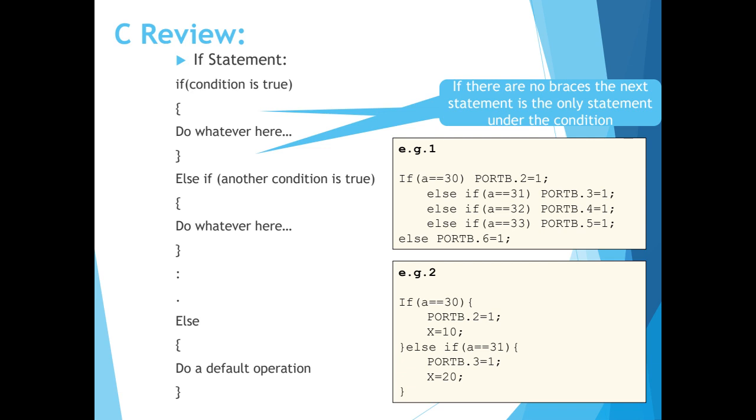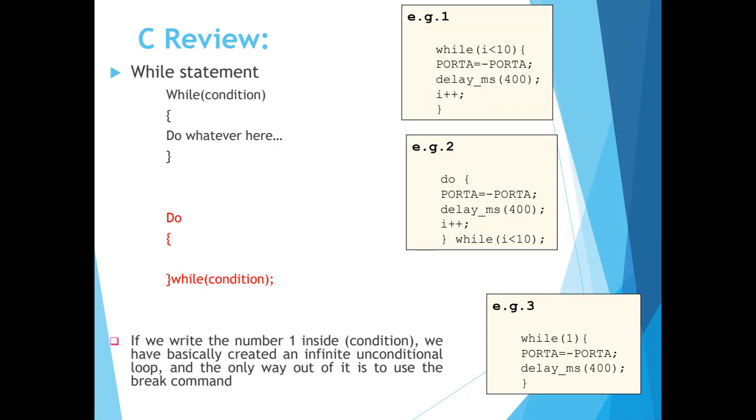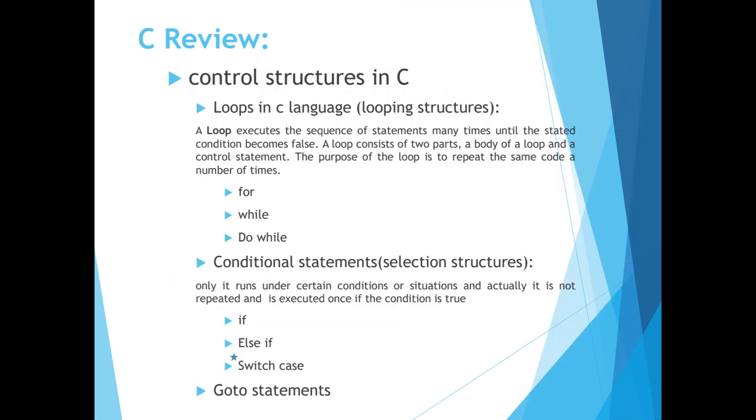Okay, another type of control structures is conditional structures. About these kinds of structures, as you remember, we said that they run under certain conditions or situations, and they are not repeated; they are executed only once if the condition is true.